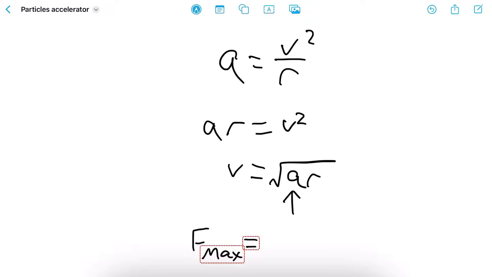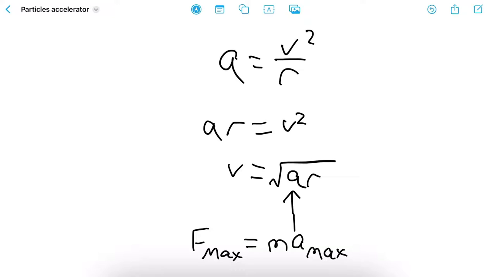That means for a fixed mass of proton, there is also a maximum acceleration that it can reach.